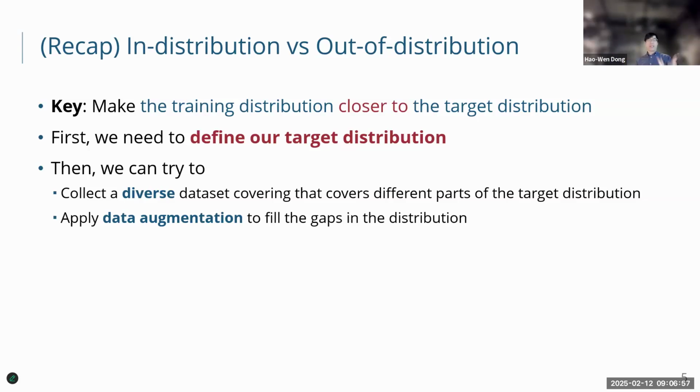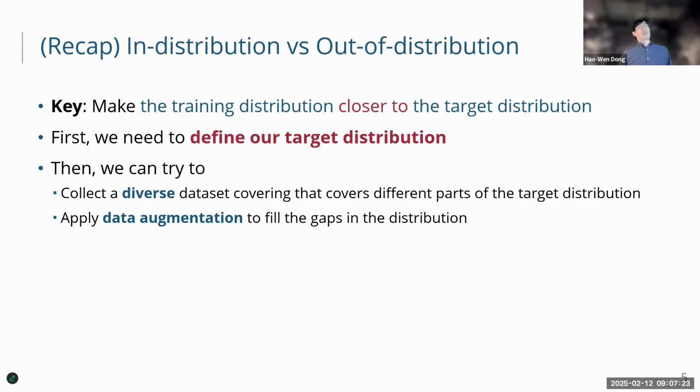You just try to define what your target distribution is, think about what the test cases are, where you are going to use your models, what's the purpose, who will be using this. So think about all the different scenarios that potentially your models will be serving, who you are serving, what scenarios you want to have your model achieve.